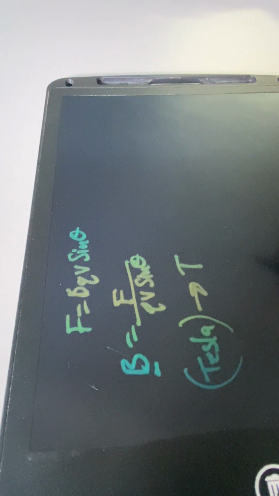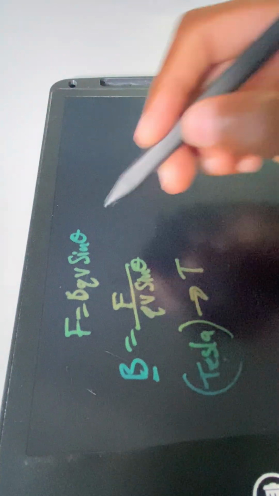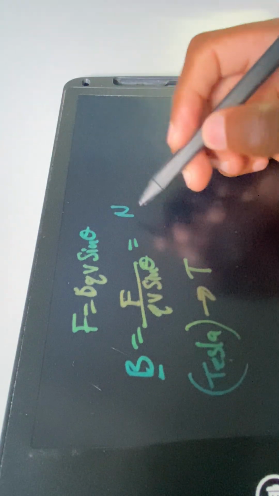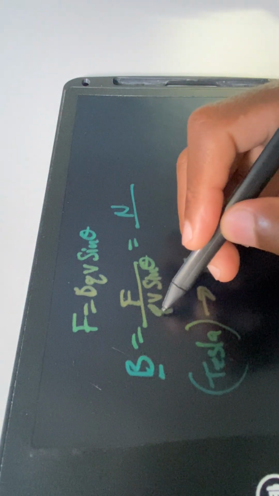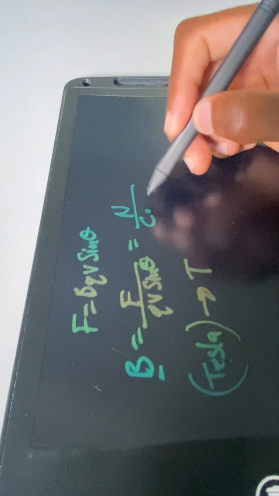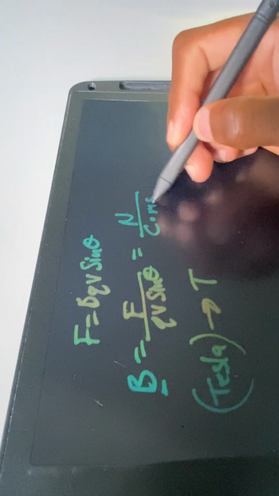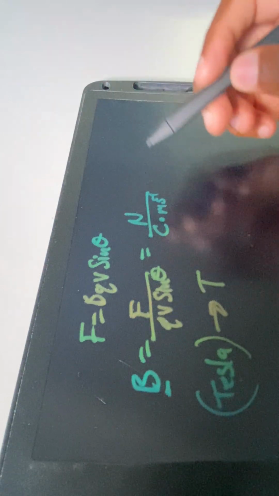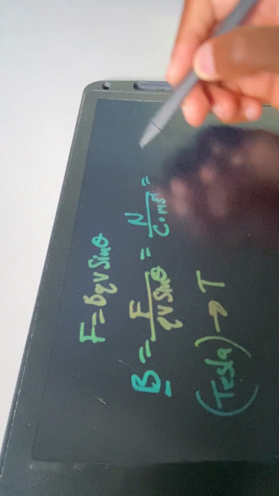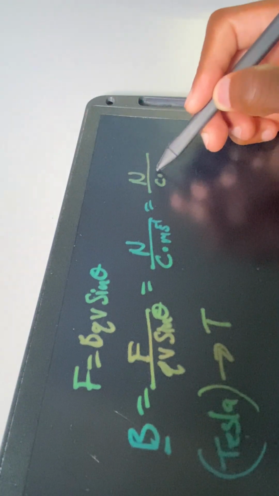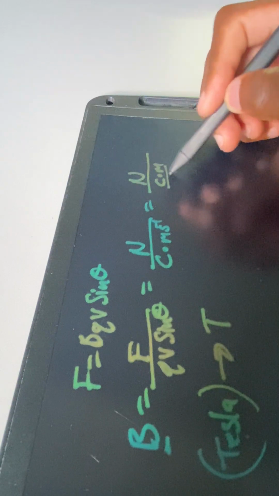If we want to find the SI unit for Tesla, we know that force is in newtons, charge is in coulombs, and velocity is in meters per second. So we have newton over coulomb times meters per second.